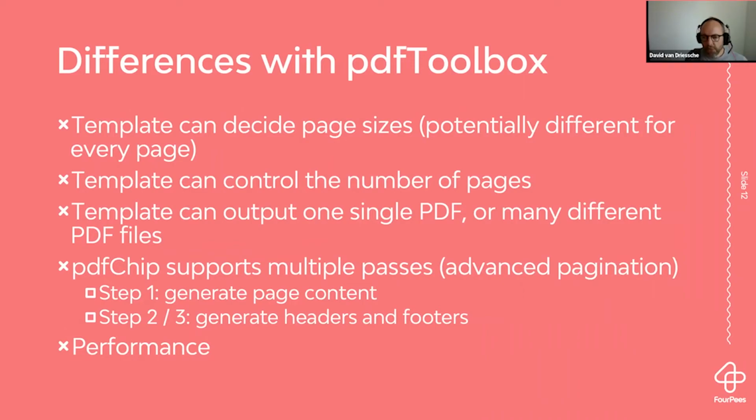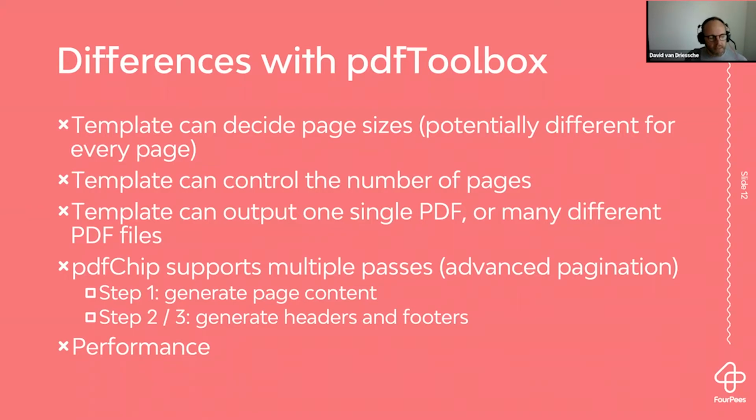So if you can't predict ahead of time how many pages the output is going to be, it also becomes very difficult to add things like page numbers, where it says page 1 of 5. Adding a simple page number is easy. Adding something where it says page 1 out of 5 is more difficult, because you have to know how many pages are going to be generated.